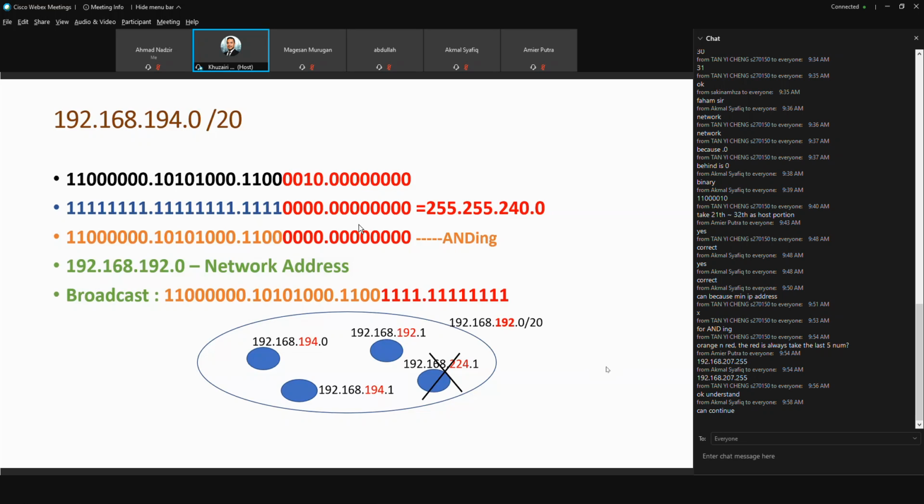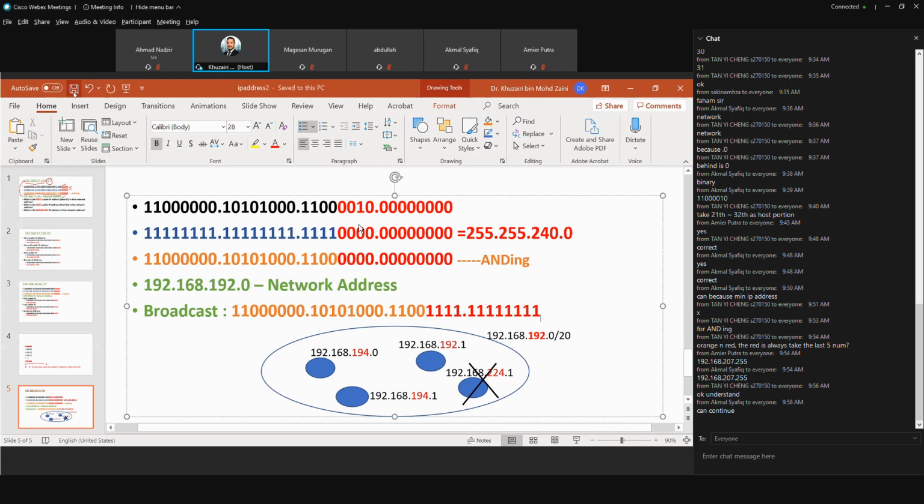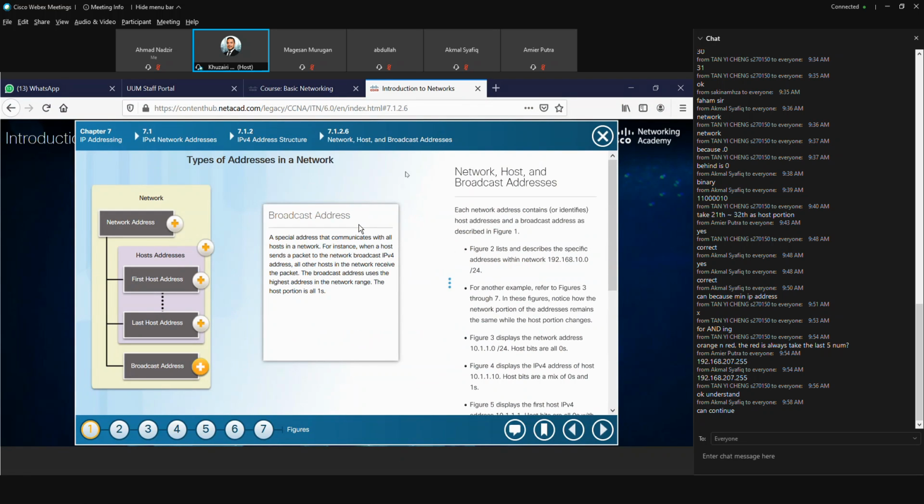Now, let us move on to IP version 6. So just a quick one. I will share with you in the WhatsApp. We have IP version 4.